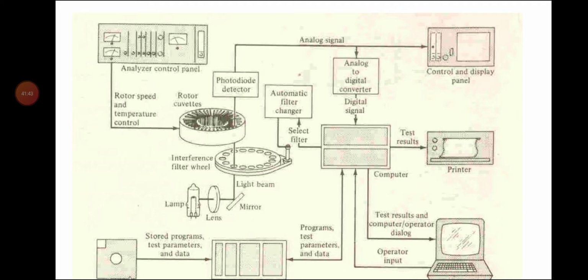A number of samples can be arranged on the rotary slides of the cuvette storage disk. The rotary speed and temperature of the rotary cuvette disk are controlled by the external analyzer control panel.